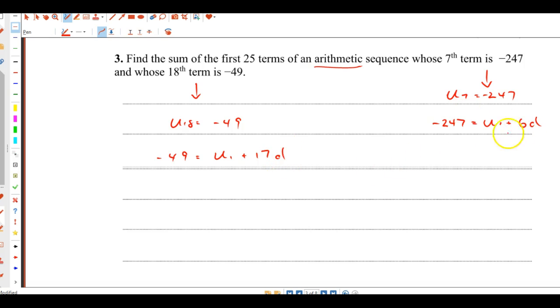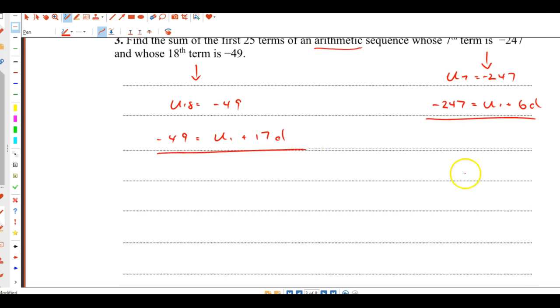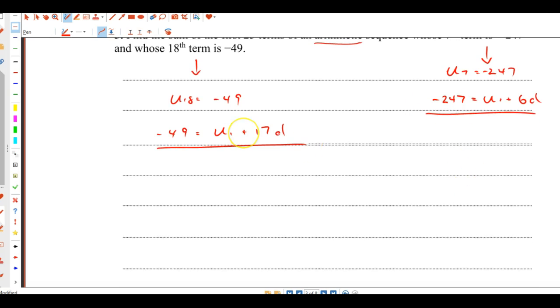So now I've got equation 1 and equation 2, and I'm going to solve simultaneously. It'll be quite easy because I've got U1s there, I can just do a subtraction. I'll write this one underneath: minus 49 equals U1 plus 17d. Actually, I might go the other way.